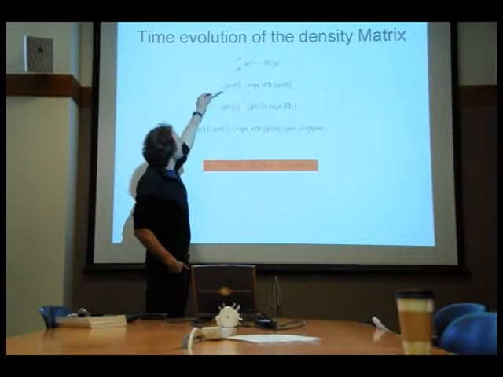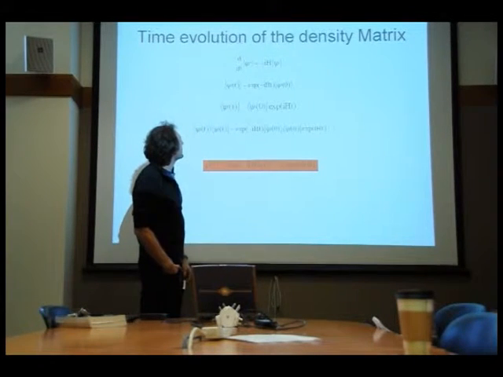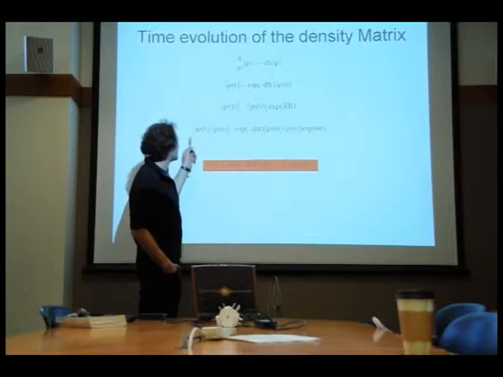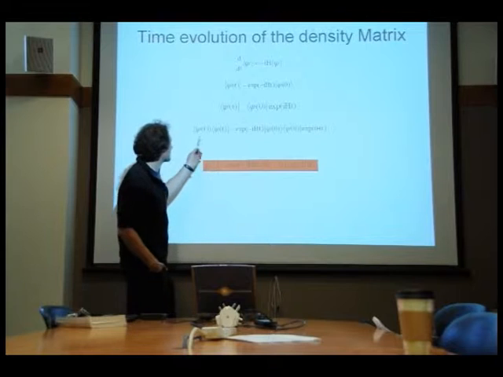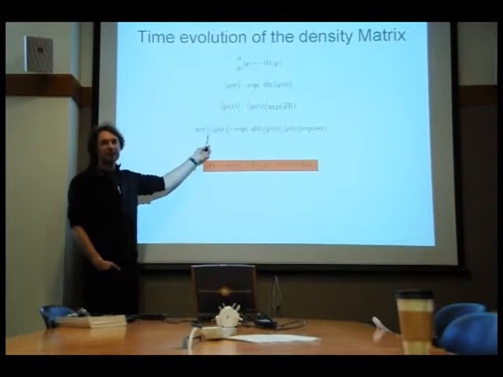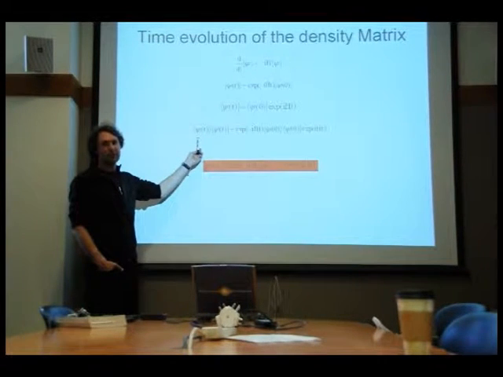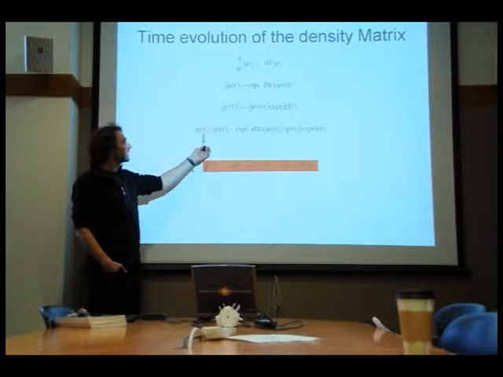Right. And so you get the time-dependent Schrödinger equation for the bra and the ket, and then you put these two results together, and what you have is a density matrix, how we expressed it earlier, as a function of time.